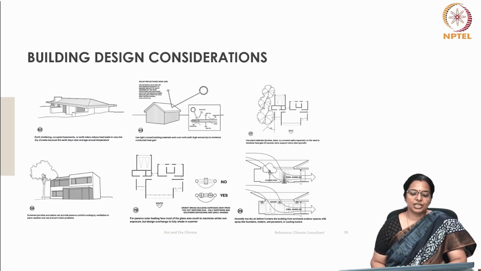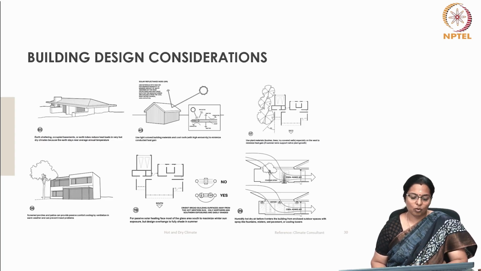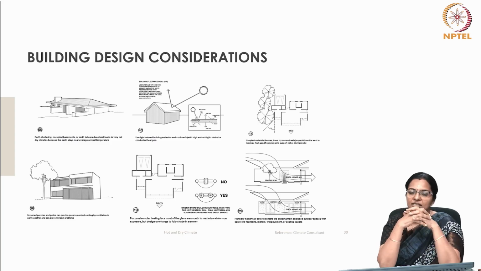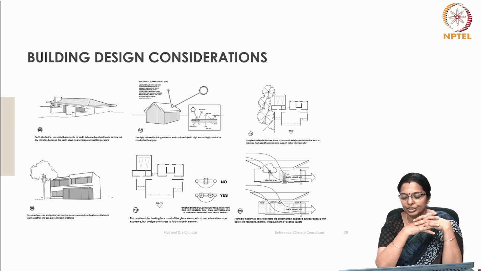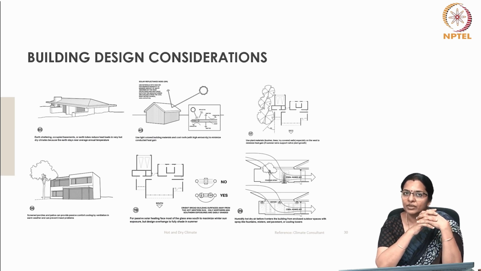Besides, earth sheltering is a very important strategy which we will be seeing later during the course. Screened porches and patios, use of light color on the wall, then use of plant material to buffer the walls, but again there is lack of vegetation because of the intense heat and less rainfall.